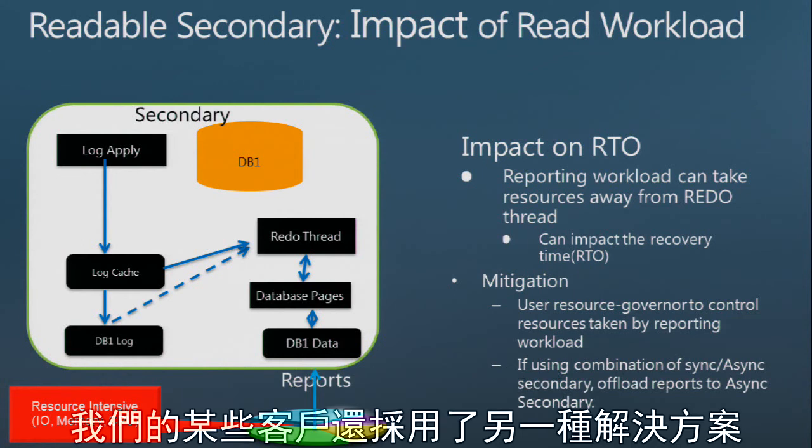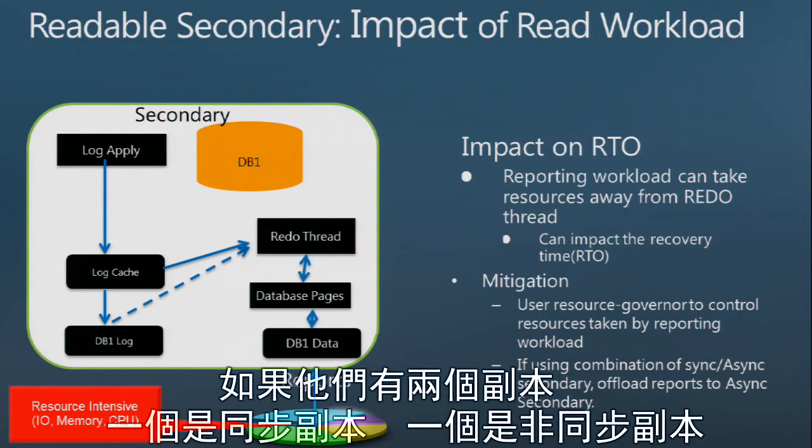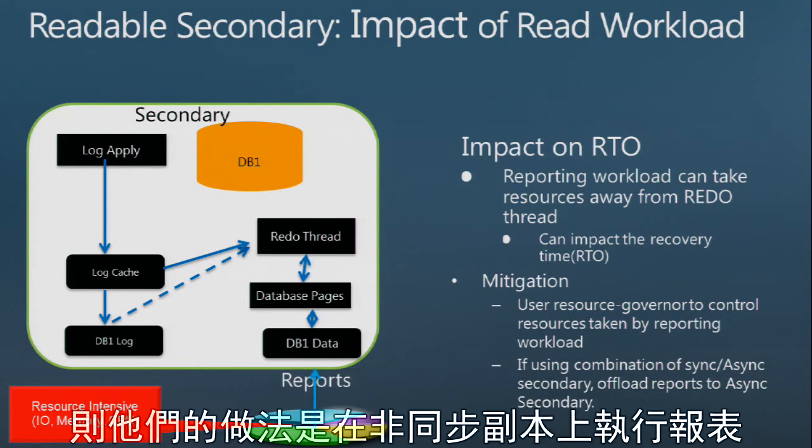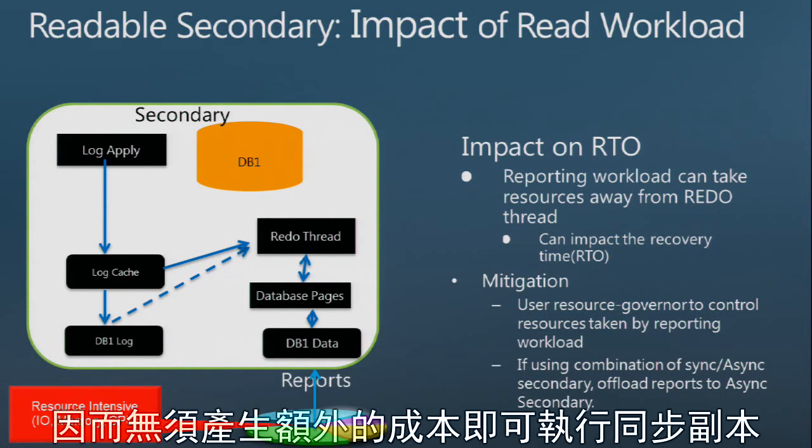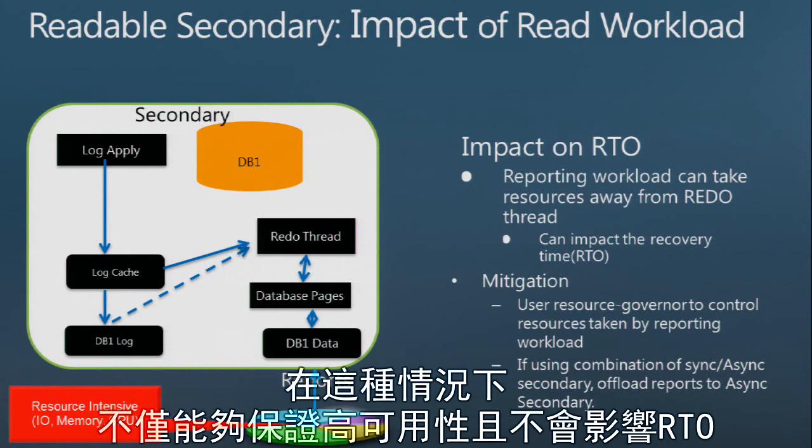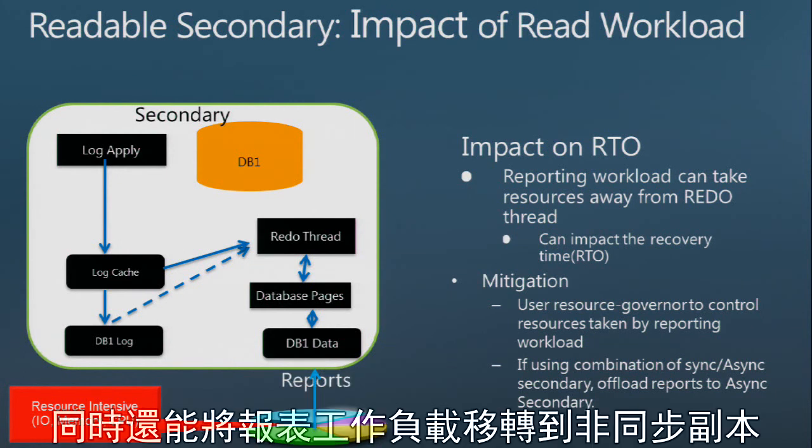The other solution that some of our customers have adopted is, if they have two replicas, one a sync replica and one an async replica, they do the reporting on the async replica, and the sync replica is running without additional overhead. In that case, they are able to guarantee high availability, with no compromise on the RTO, while still being able to offload the reporting workload to the async replica.